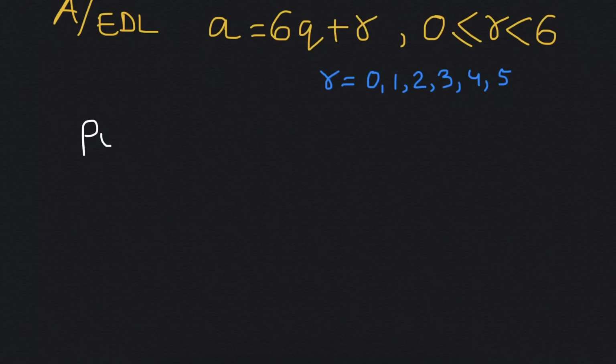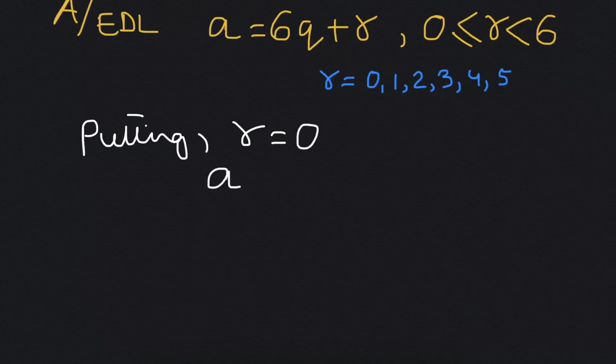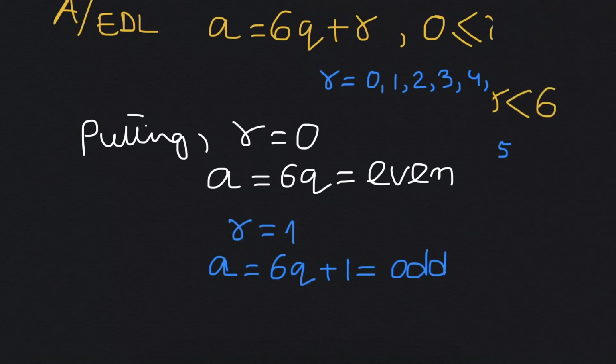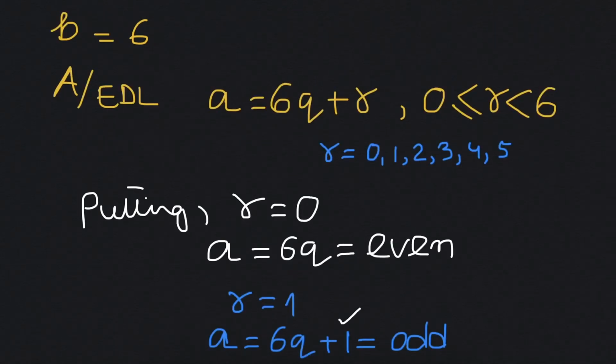Now putting r is equal to 0, we have a is equal to 6q, which is an even number. Again putting r is equal to 1, a is equal to 6q plus 1, which is odd, because if we add an odd number to an even number, it becomes odd.